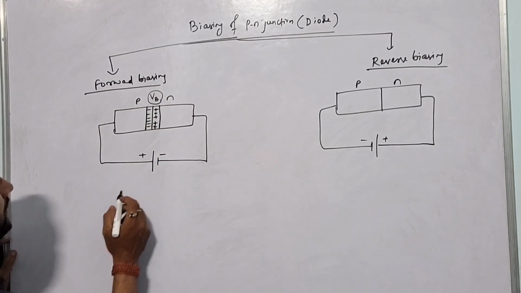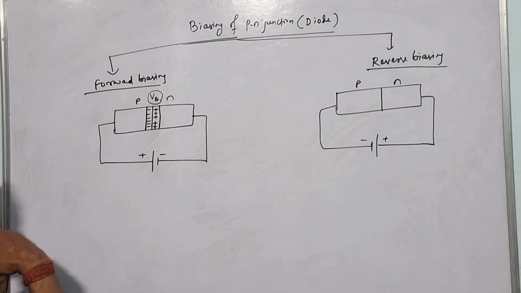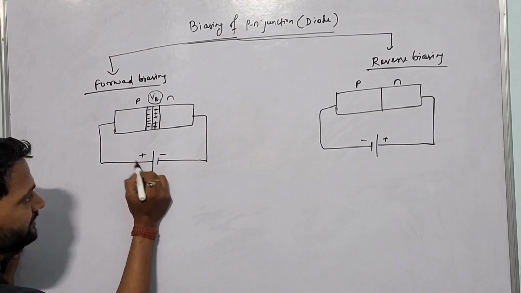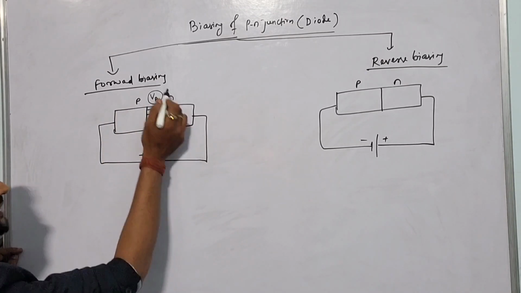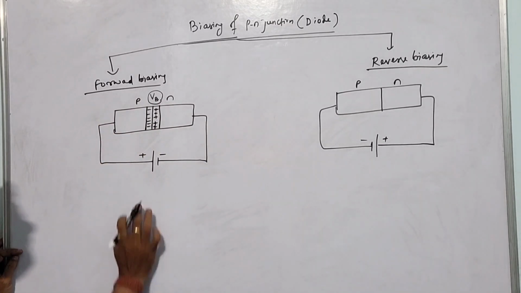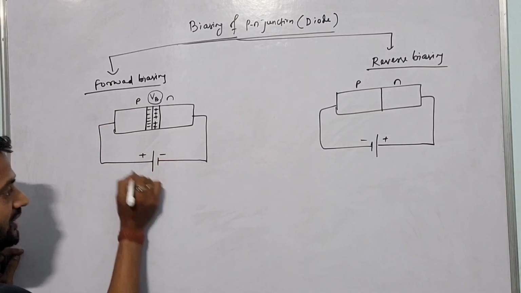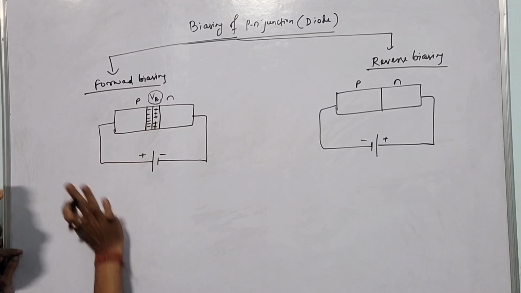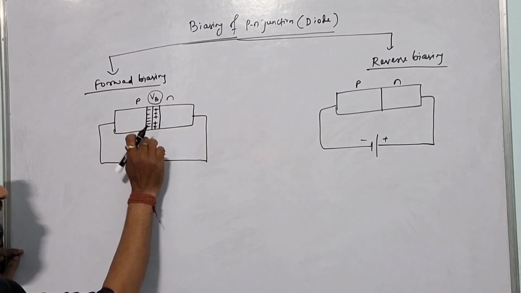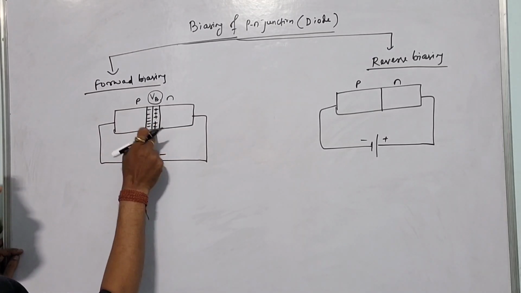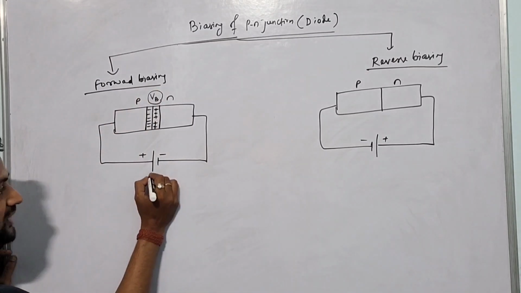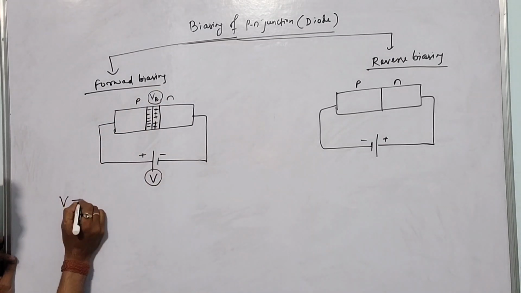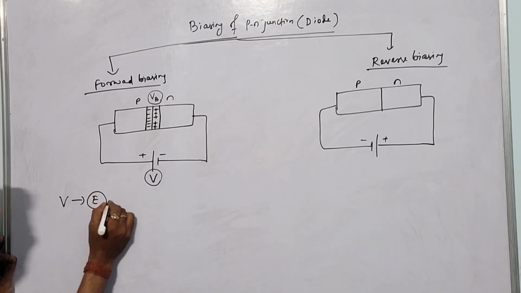Okay, see what will happen when the positive terminal of the battery is connected to P and negative is connected to N. That external voltage will develop an electric field and that will act against the electric field due to this potential barrier. Again I repeat, the supply voltage develops an electric field.